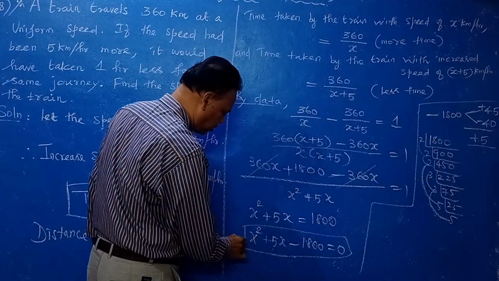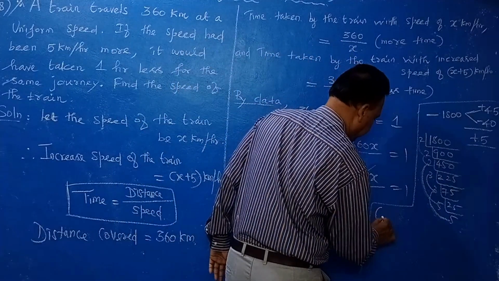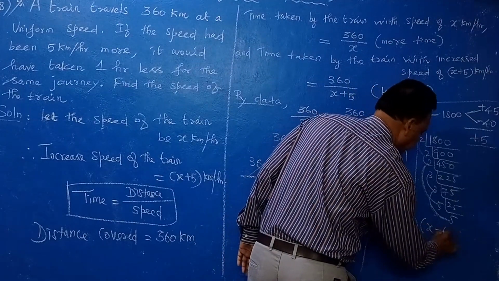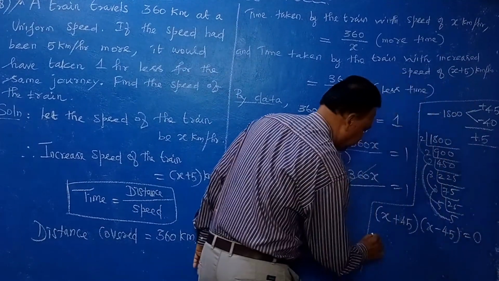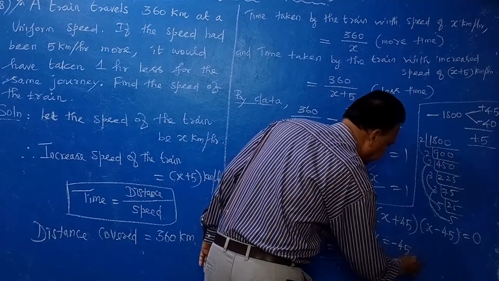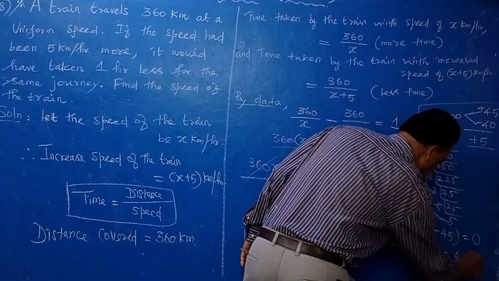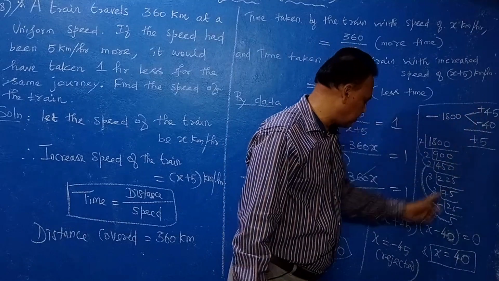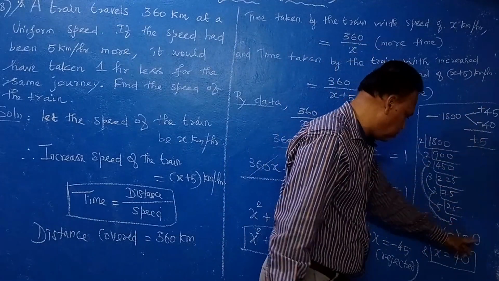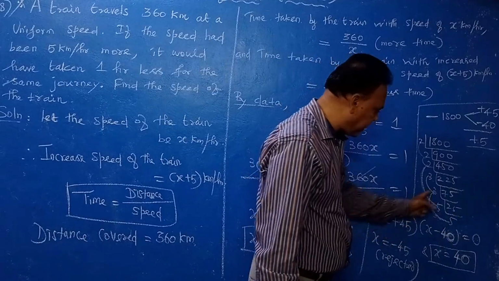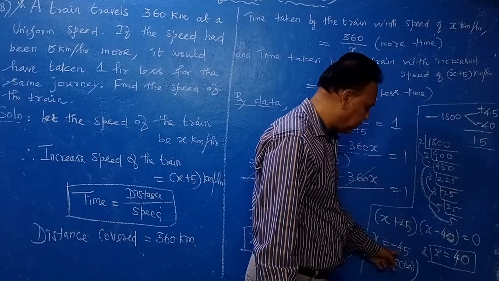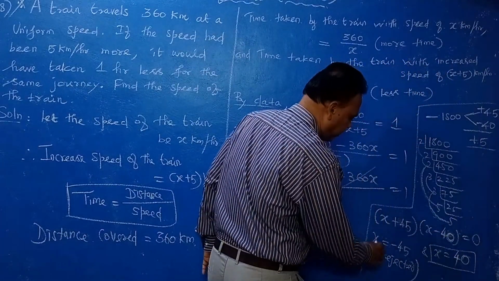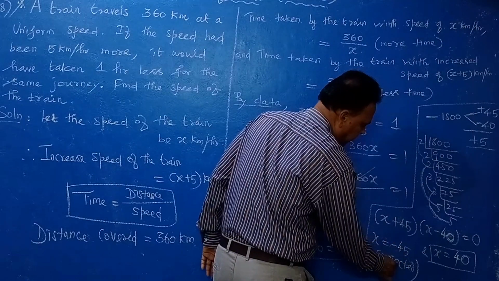Since the x squared coefficient is 1, straight away you write x plus 45 into x minus 40 equal to 0. Making both factors equal to 0, x is equal to minus 45 and x is equal to 40. Minus 45 is rejected because speed cannot be negative.